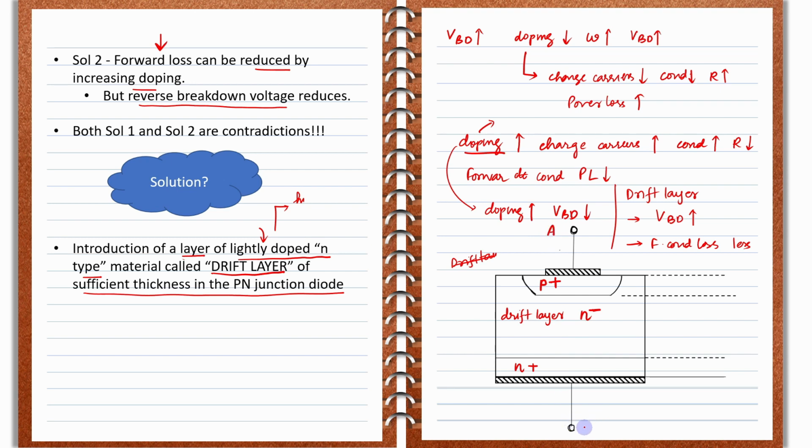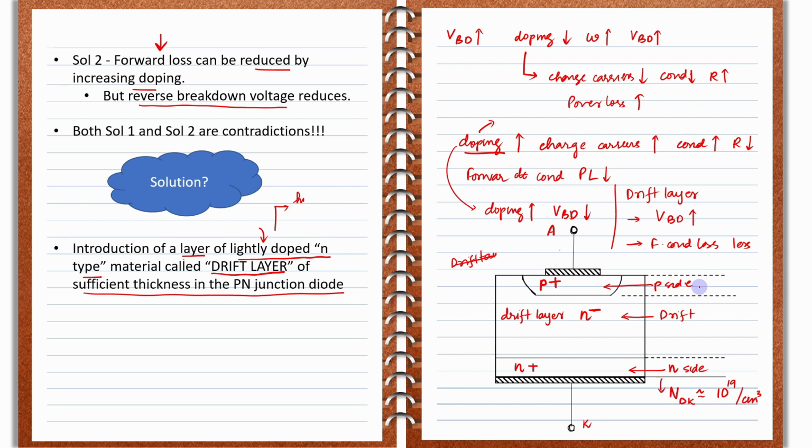So if you see roughly the values, for example, this is the P side, so this is the anode, and this is the N side, this is the cathode, and this is the drift layer. For the N side, because N-type doping uses donor atoms, ND, the doping concentration of the donor atoms in the cathode, is roughly 10 power 19 per centimeter cube.